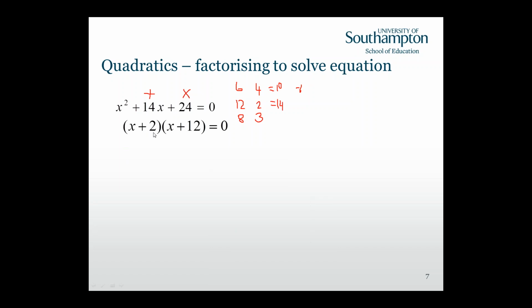And then it's always good to get them to multiply it back out again, just to check: x squared, 2x, 12x makes 14, 2 times 12 is 24. Because so often I see them, there's one in particular, which one is it?